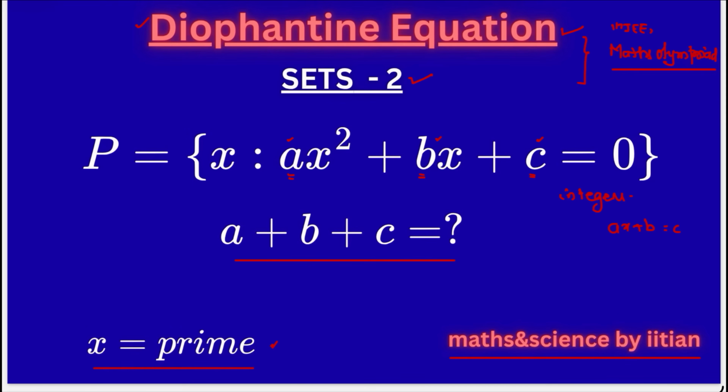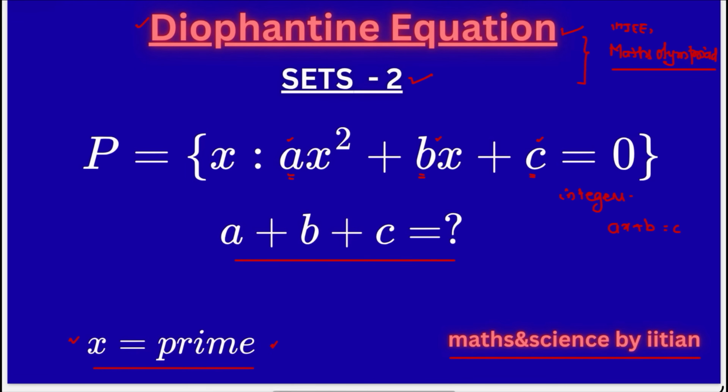A set P is such that P is equal to x such that ax square plus bx plus c is equal to 0, and we have to find the value of a plus b plus c, if the root of the equation is a prime number, that is x is equal to a prime number. That is our condition. Whereas one single equation, 3 unknowns, and the solution is also an integer solution, then that is a Diophantine equation.